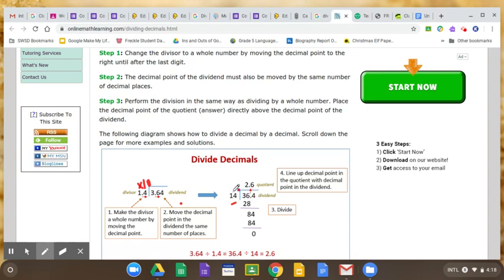So for example, 14 goes into 36 2 times, so that 2 needs to go right above the 6 in the 36. So then we have 36 minus 28 is 8. They brought down the 4. The decimal point goes right here because it just goes straight up where it was.